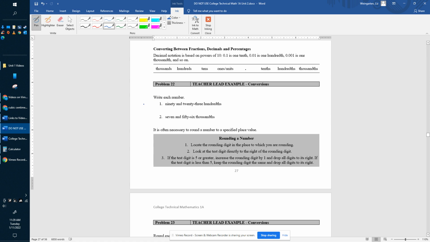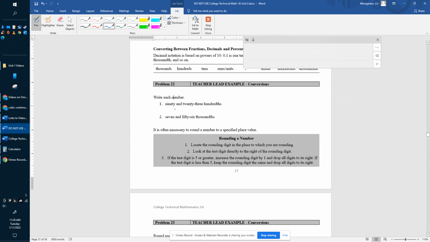All right, problem 22, write each number. So we have to just talk it out. This is the start of our English to algebra, just simply writing the numbers out. 90 and 23 hundredths.